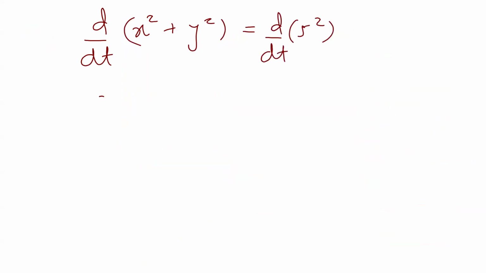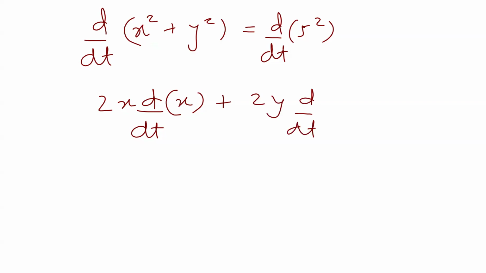So 2x d by dt of x, I'm differentiating x square with respect to t, plus 2y d by dt of y equal to 0.